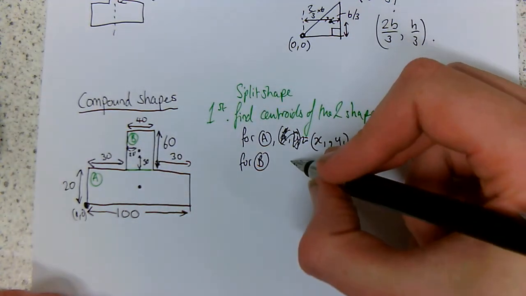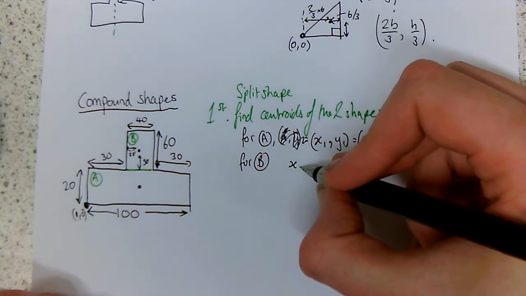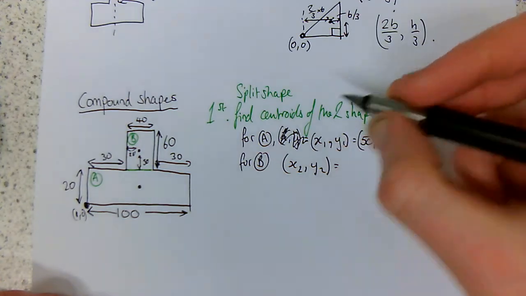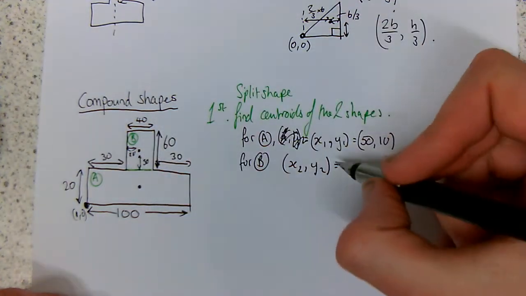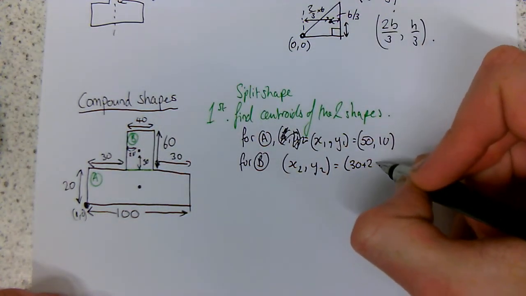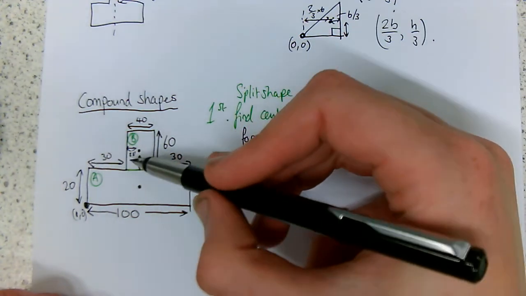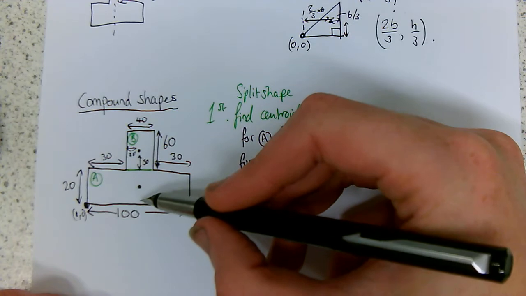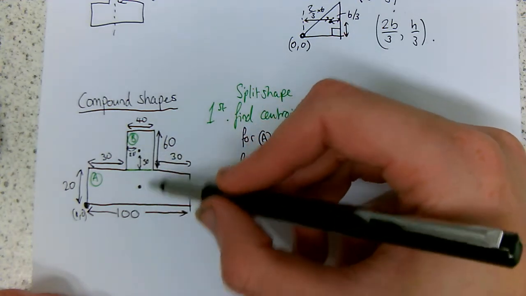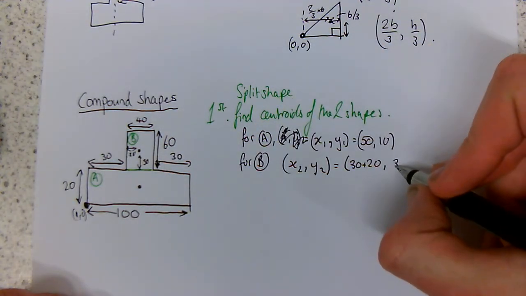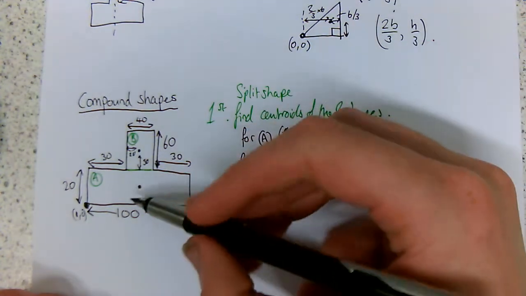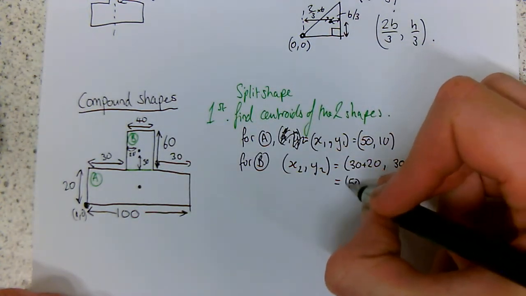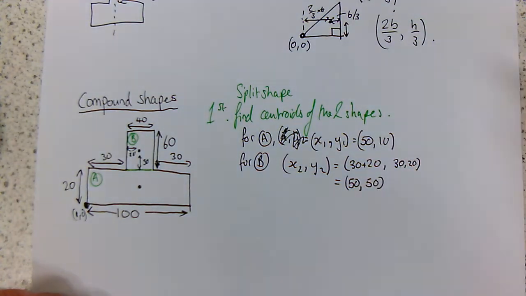So the x coordinate of B and the y coordinate are going to be 30 plus the 20 to account for this offset in the x direction, plus 30 plus the 20 to account for this offset in the y direction. So that comes out as 50 and 50.